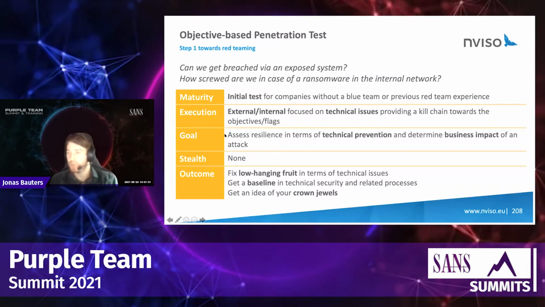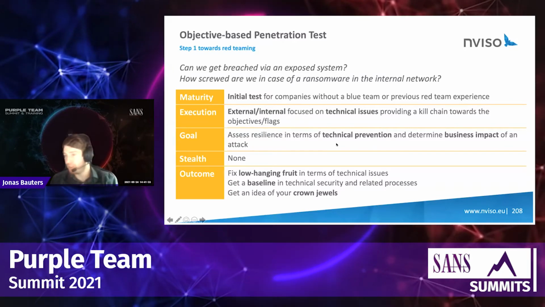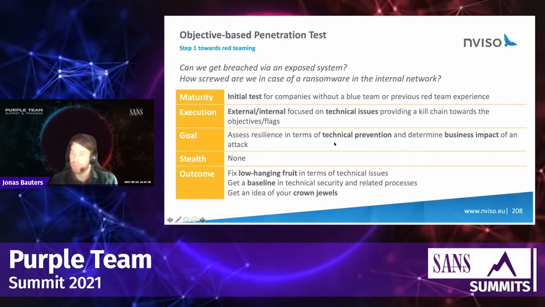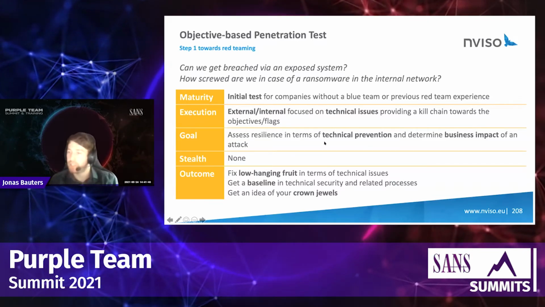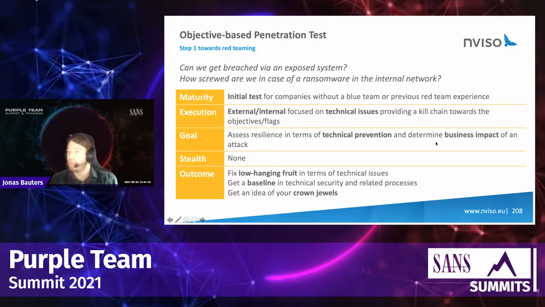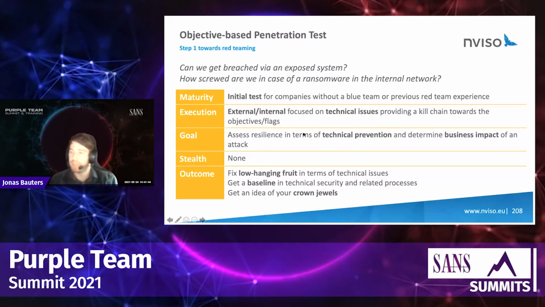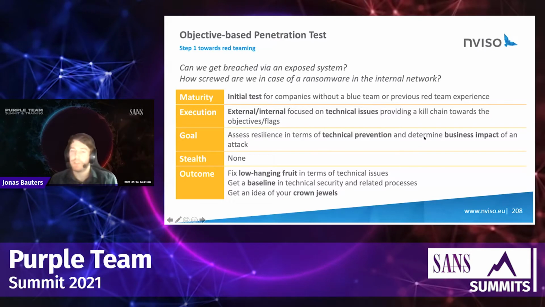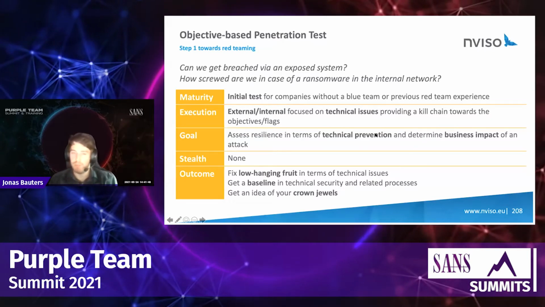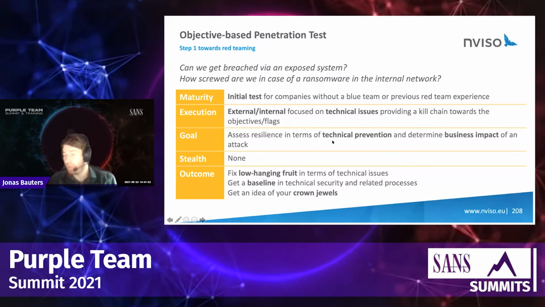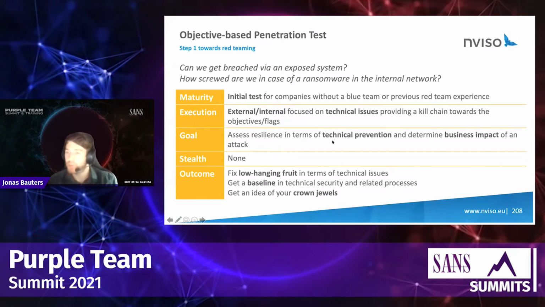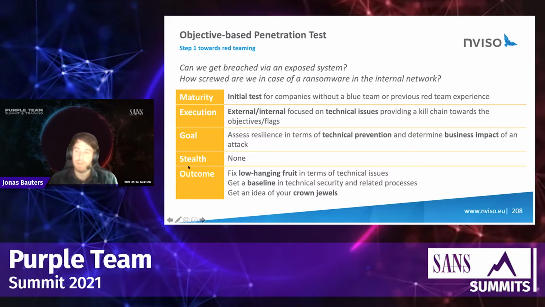In terms of goals, the goal here is mostly focused on technical prevention measures, because we're only looking at technical issues, and we're trying to determine the business impact of an attack, or how far an attacker could get in the network. So for example, could they get domain admin? And once they have domain admin, could they get to other objectives perhaps?